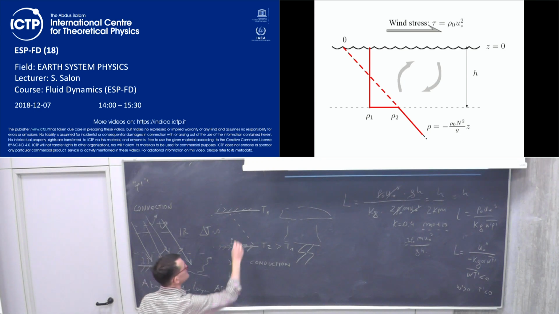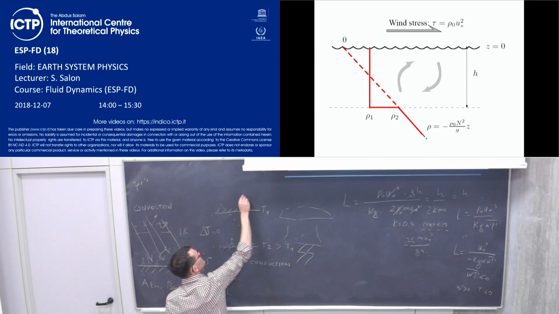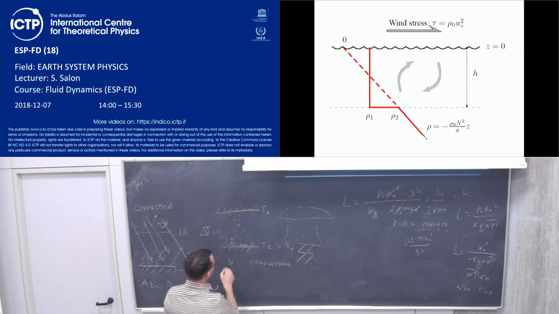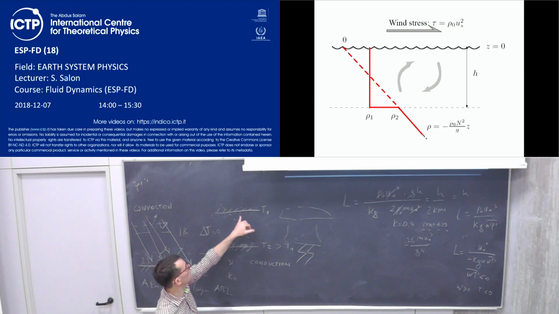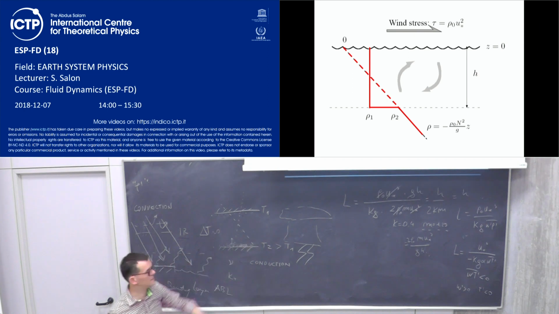Of course, in this case, the system is not like this, but is more or less like this, because here we have a temperature which is warmer, so the variation in density is very small with respect to the parcel that we have here.